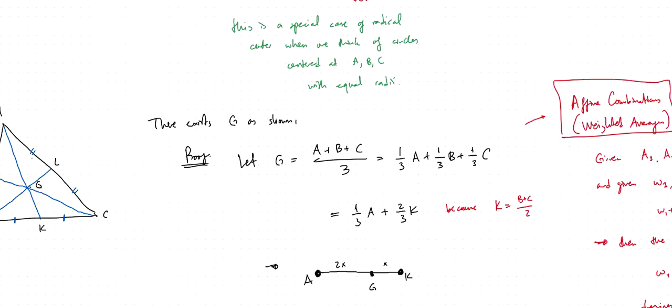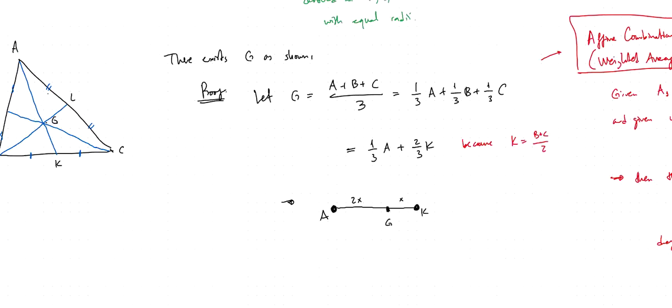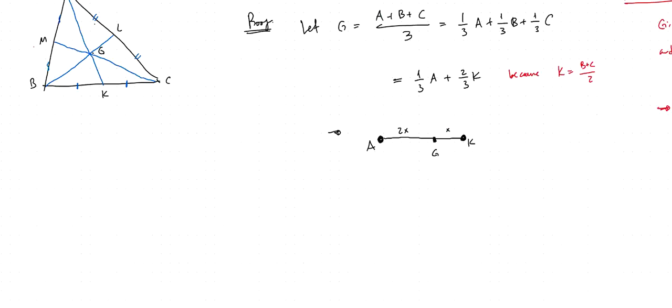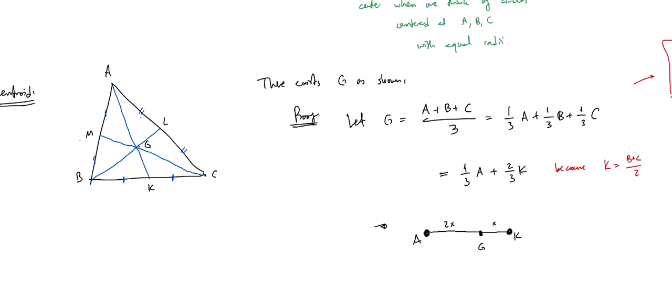So this is why I wanted to show this to you. This shows that G is situated like this on AK, and similarly, this immediately shows, as you can see, this is a proof that there exists a point G which satisfies this.